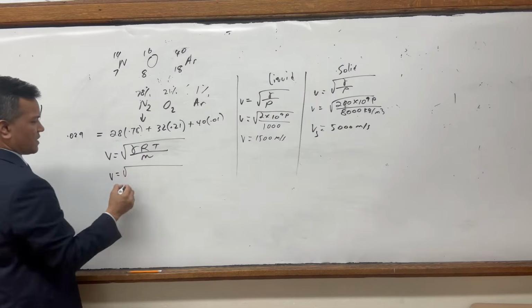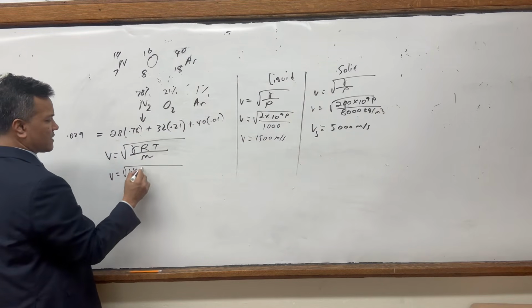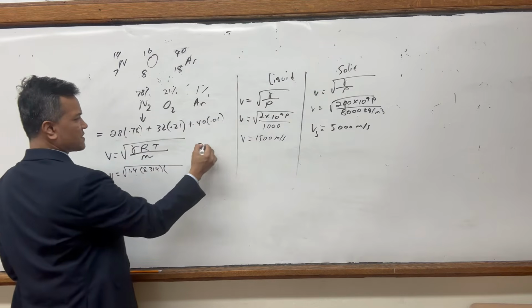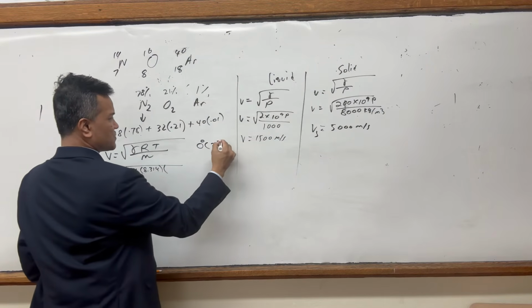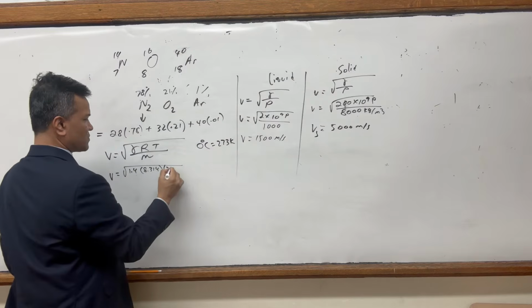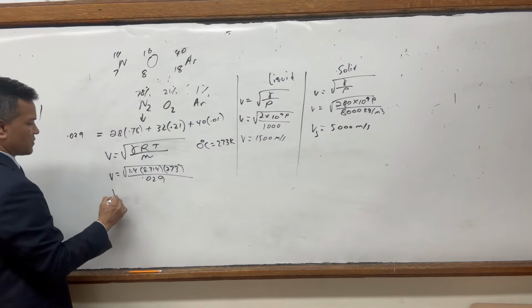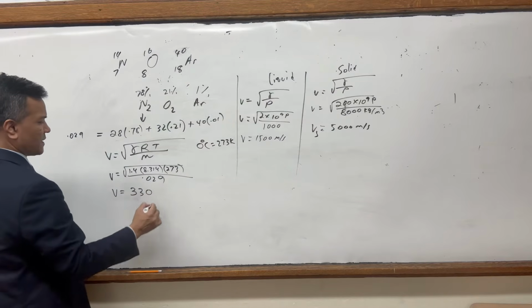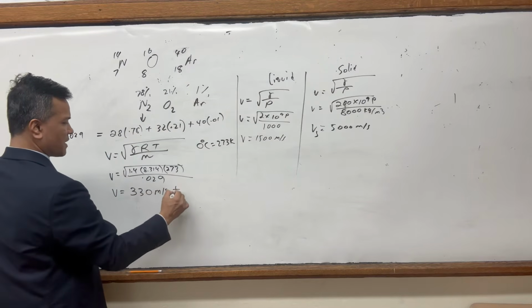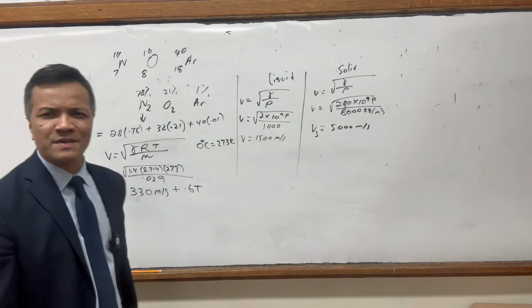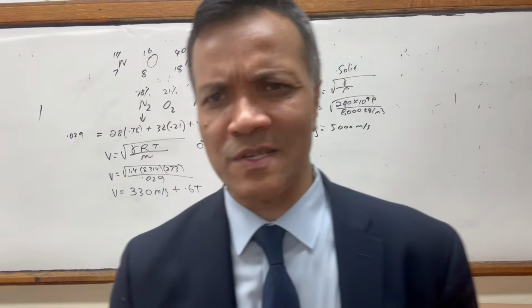So this is 1.4, R is 8.314, and T is 0 degrees Celsius, which is 273 Kelvin, and the molar mass is 0.029, and so velocity is 330 meters per second plus 0.6 t. What does that mean? If temperature goes up, of course the velocity goes up.